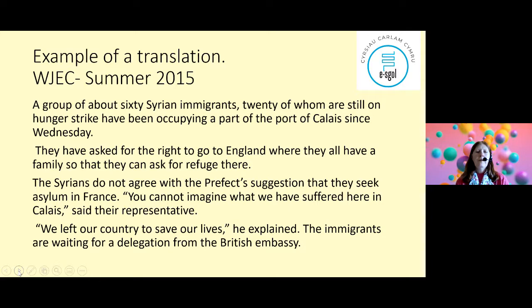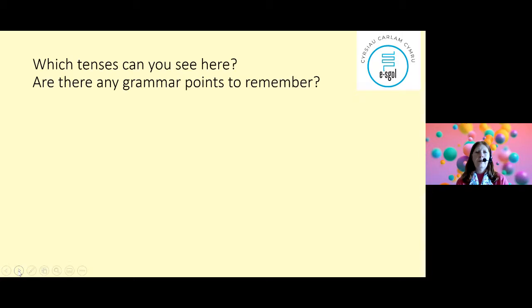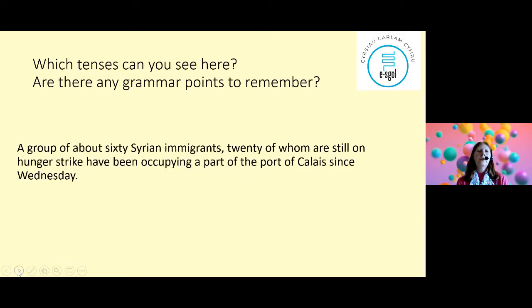We will now look at the translation in greater depth. In a moment, on your screen, you will see the first part of the translation. What I would like you to do when you see the translation is to take a minute or two and look for any tenses and any grammar points.